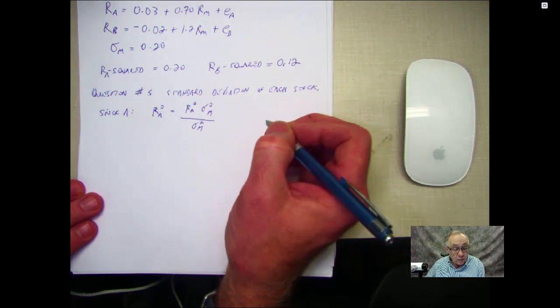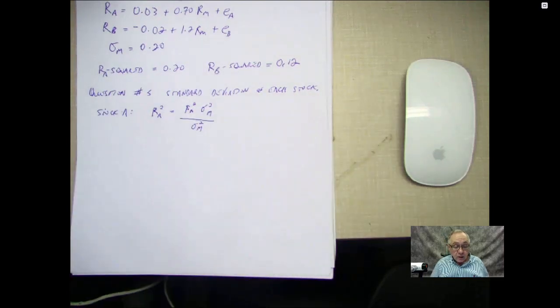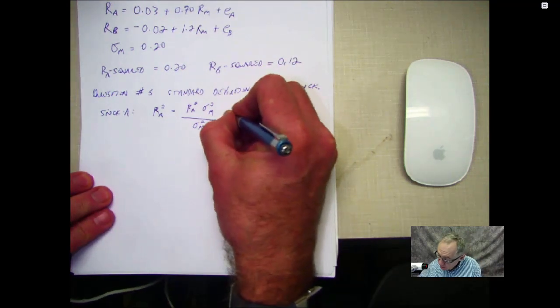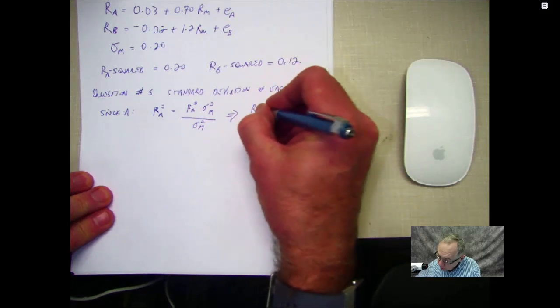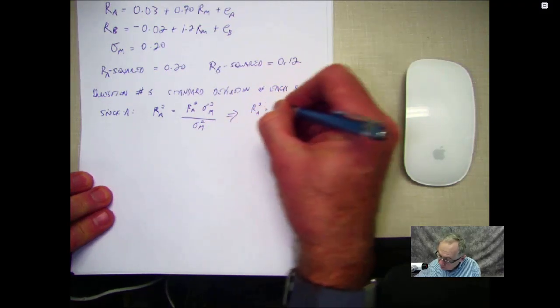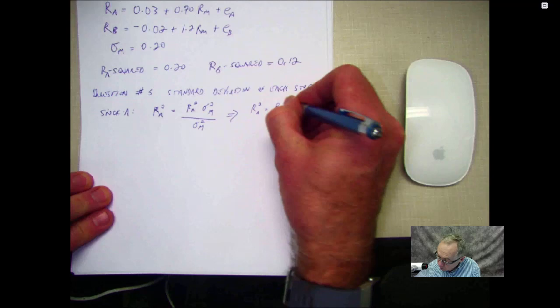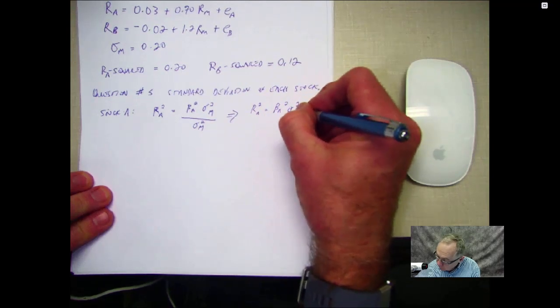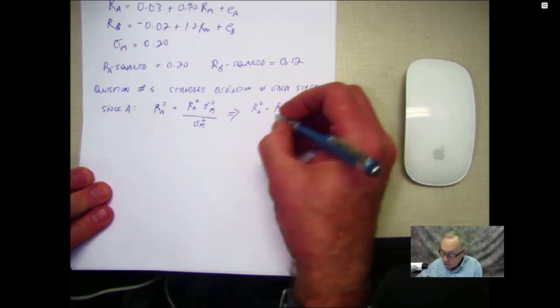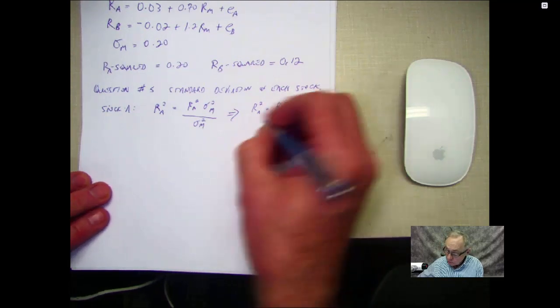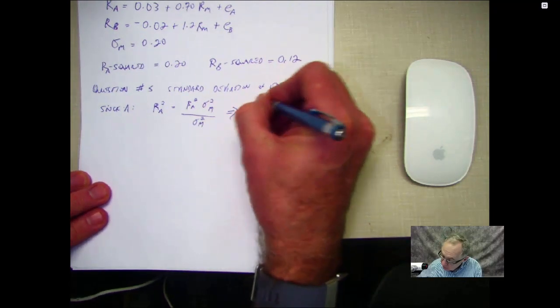That's our general formula for finding the excess returns and standard deviation. This we could continue to R squared A equals beta A squared variance of the market, then divided by variance for A. Reverse that.